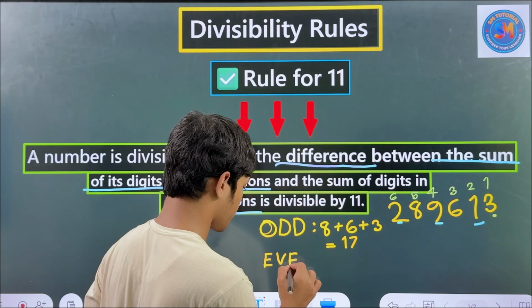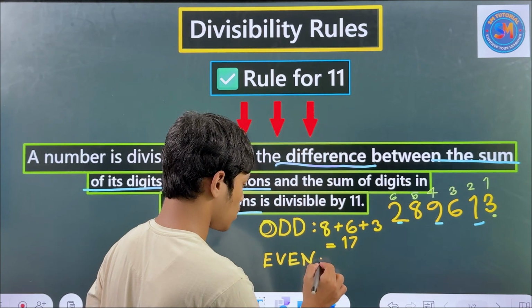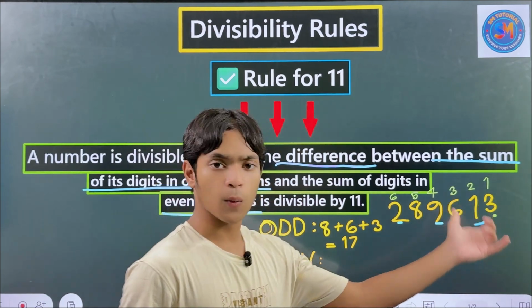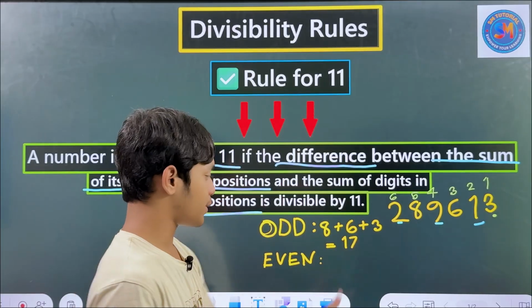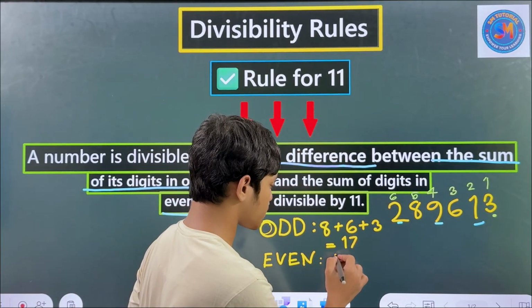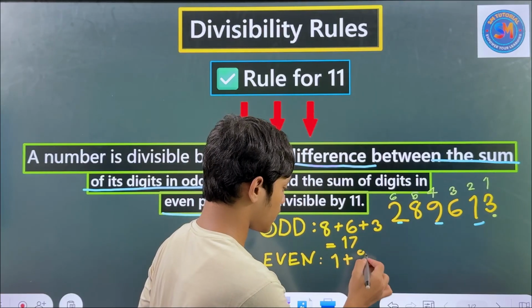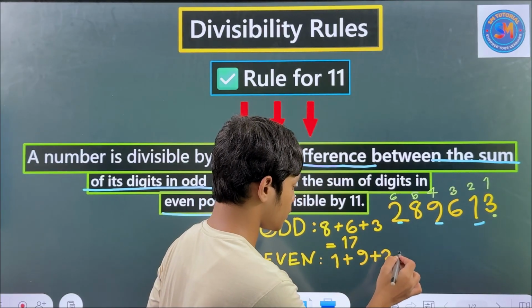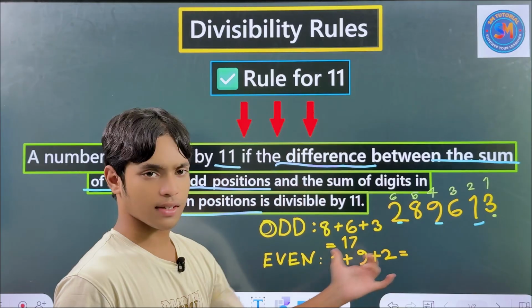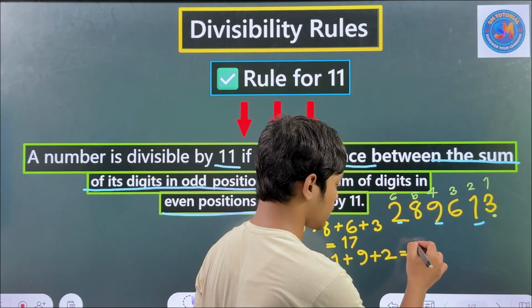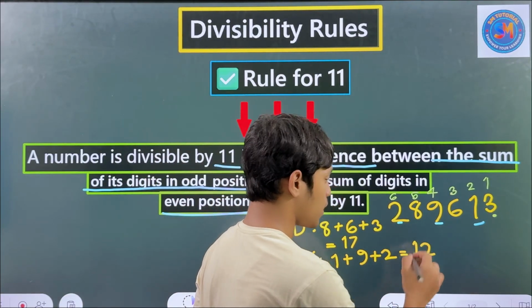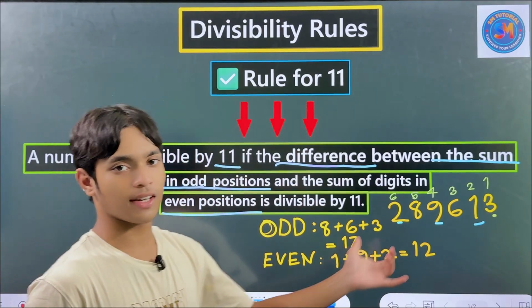What are the even-position digits? 1, 9 and 2. We can write it this way: 1 plus 9 plus 2. That's 10, and 2 is 12. So we found this is 17 and this is 12.